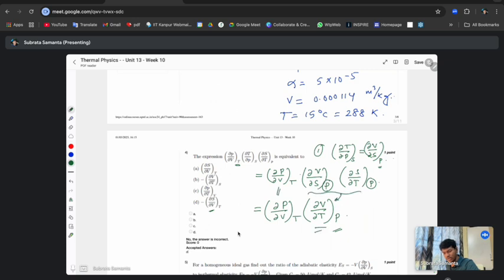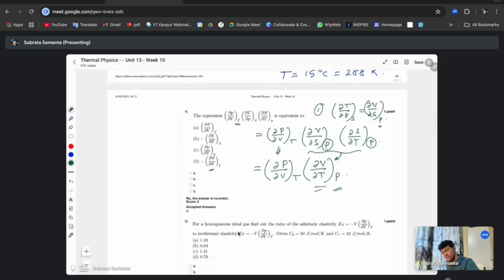Now we use the second Maxwell equation. Maxwell equation 2 is del V del T at constant pressure equals minus del S del P at constant temperature. So this is minus del P del V at constant temperature times del S del P at constant temperature. Now both are at the same constant, constant temperature, so you can multiply.